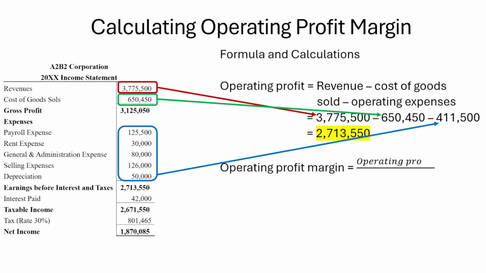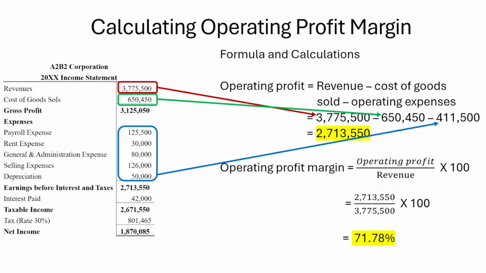2,713,550. Then we take that to make a profit margin, which will be operating profit divided by revenue times 100, and plugging those numbers we get 71.78%. Again, remember when you are calculating the operating profit margin, first calculate the operating profit.